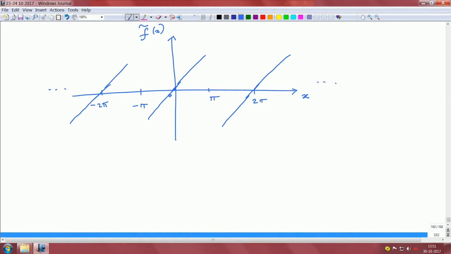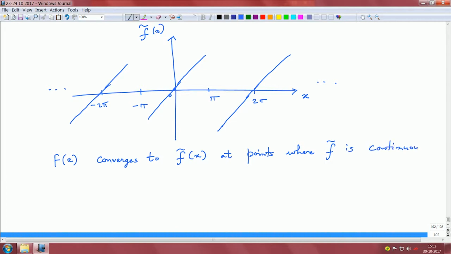Now, observe that there are these jump points: plus minus k pi are points of discontinuities, or jump discontinuities. So, the Fourier series of f converges to f tilde of x at points where f tilde is continuous.